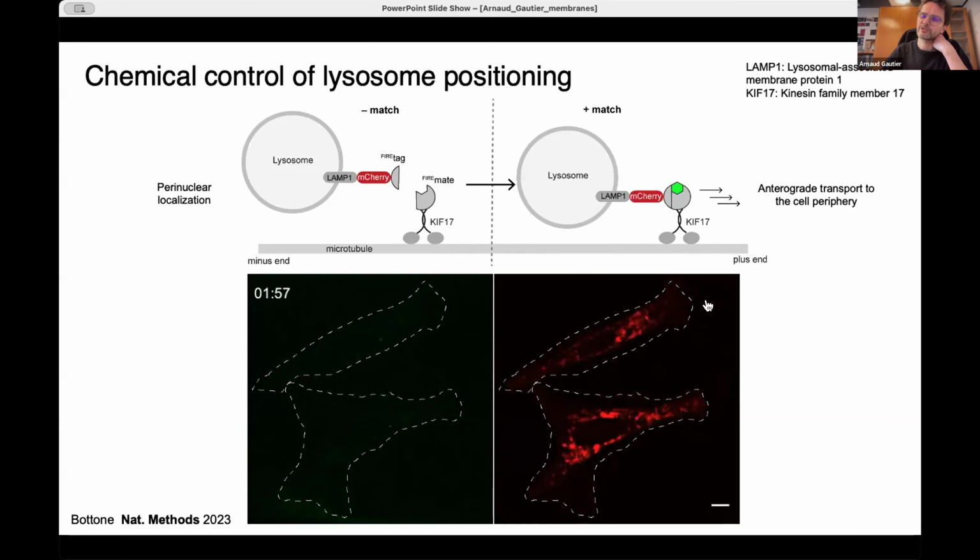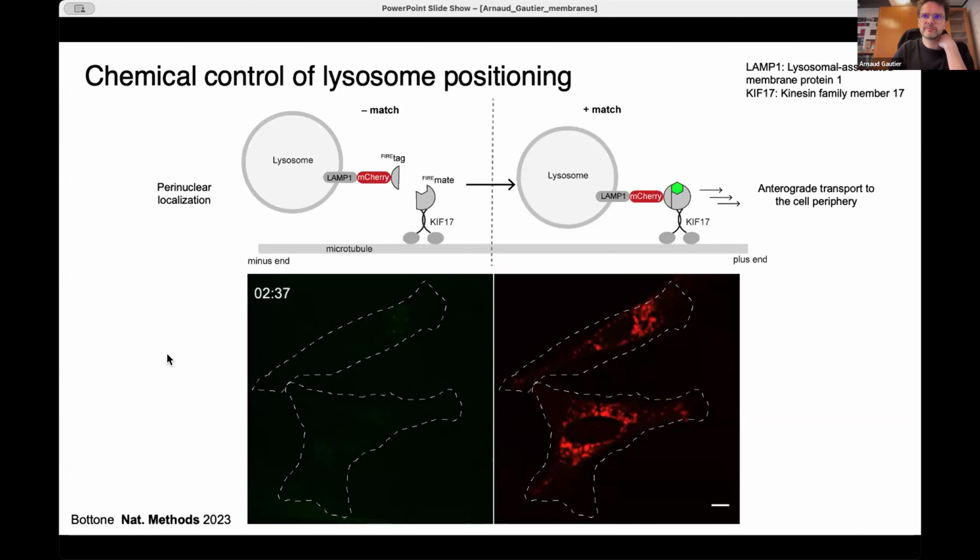If you wash away the MATCH molecule, you see retrograde transport back to the perinuclear region. So this shows how we can use CATCH-FIRE to control in time the positioning of organelles inside cells.